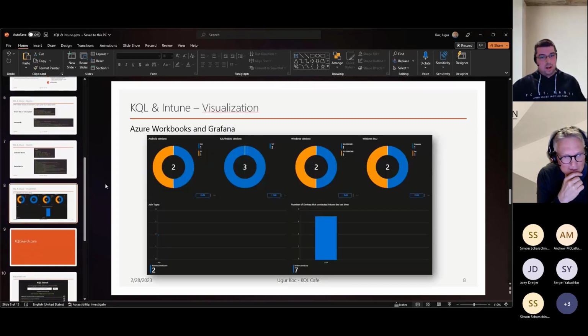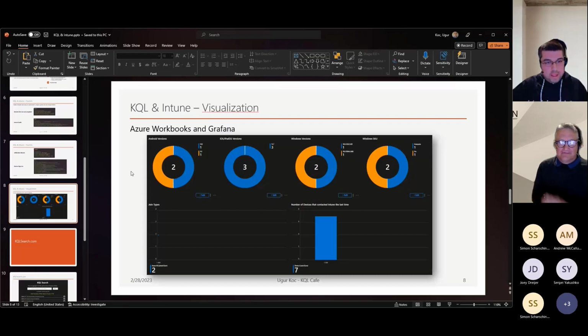Okay, so queries can be easy, can be hard, but the most interesting part for everyone that's not us could also be a visualization, right? So this is a screenshot from my test environment where I have Android, iOS, and Windows clients.